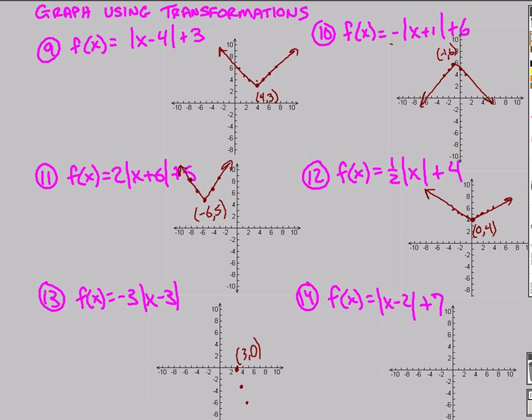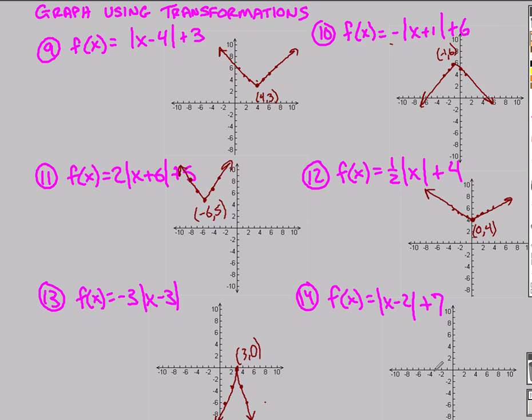If I went over 3, it'd be down 9, all the way down here somewhere. So this will put me down going this way, and if I go the other direction, same idea. So over 1, down 3, over another 1, down 6, and then if I had one more, it'd be right here at 9. So there's my drawing of that V.